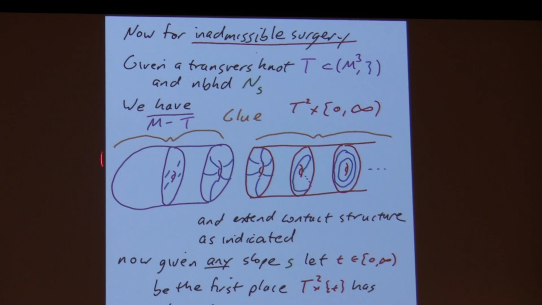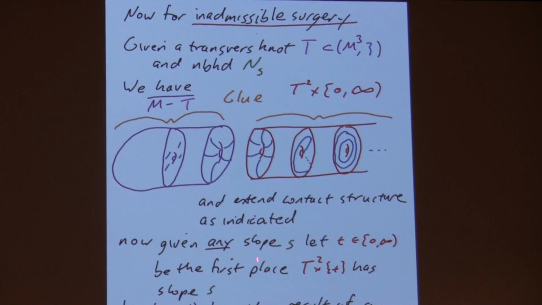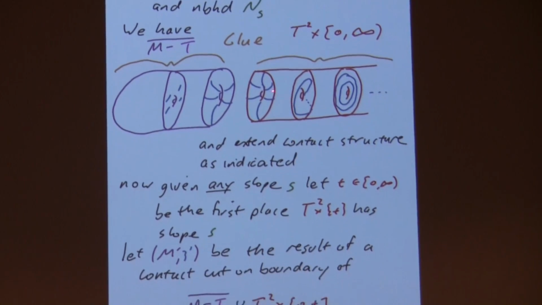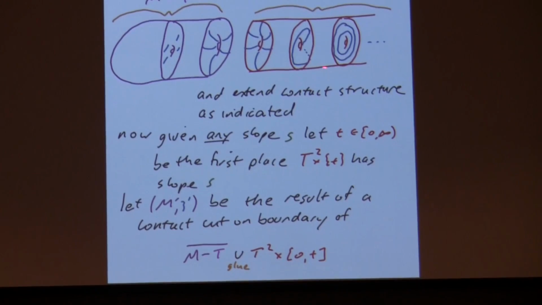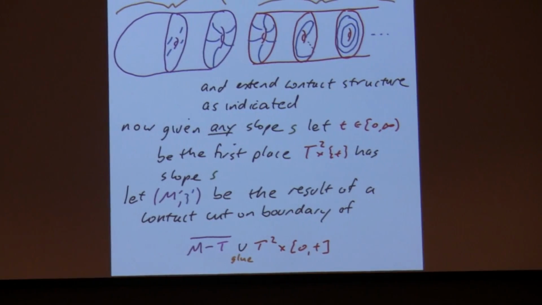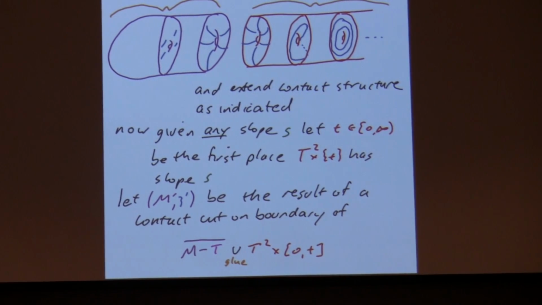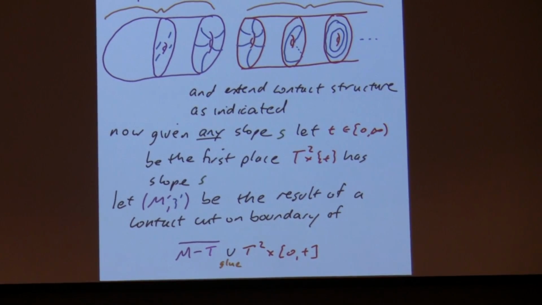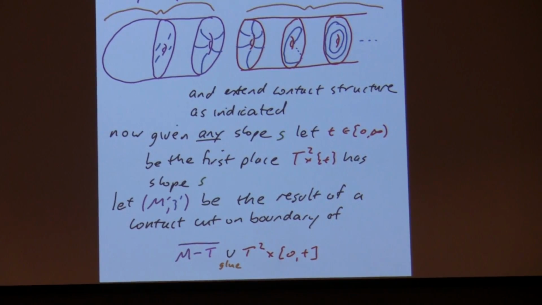So now I've got a 3-manifold where I've glued on this T2 cross infinity to the boundary of it. Well, now, suppose I want to do some surgery, say some surgery slope S. There's going to be some T parameter in here where the T cross little t, boy, I realize as I'm saying it now, that was a bad choice for the parameter, T cross little t, but anyway.